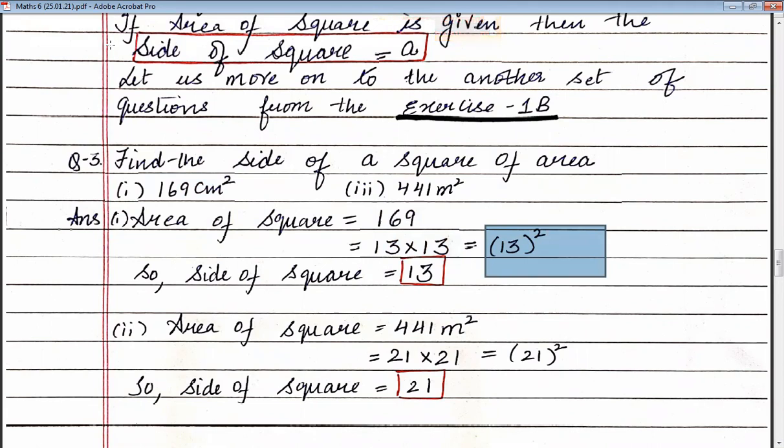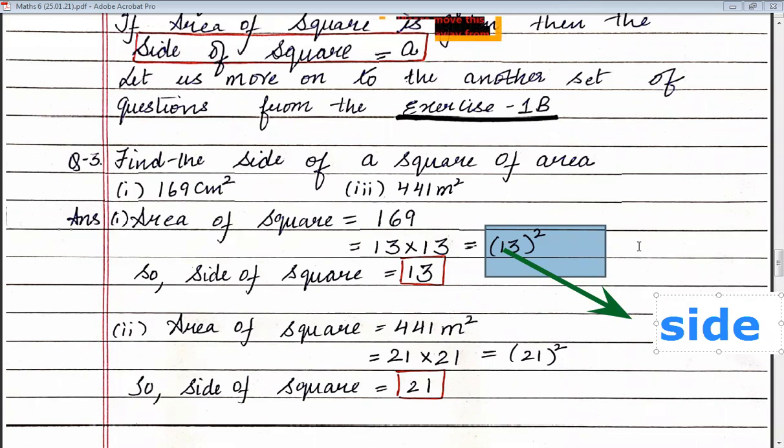Students, this is your 13 square. So it means this 13 is your side, the side of the square. Fine, let's have a look at the next part.